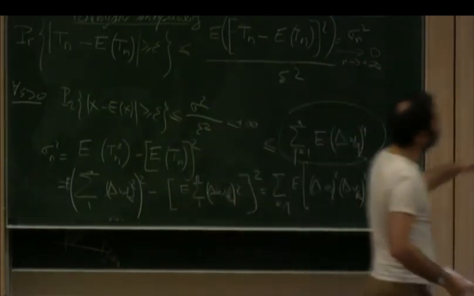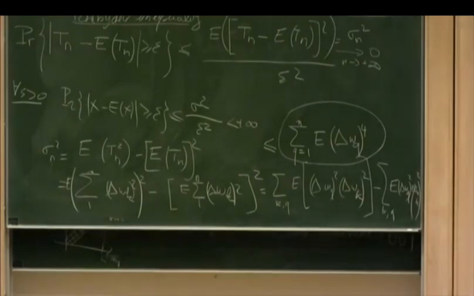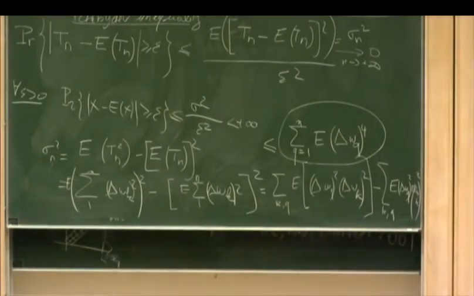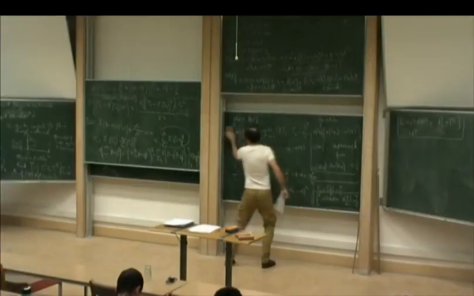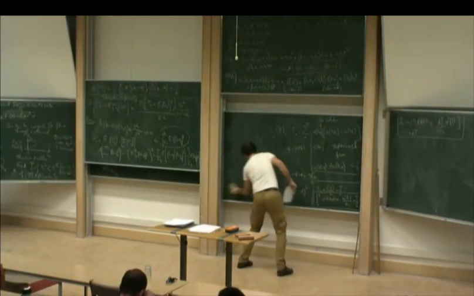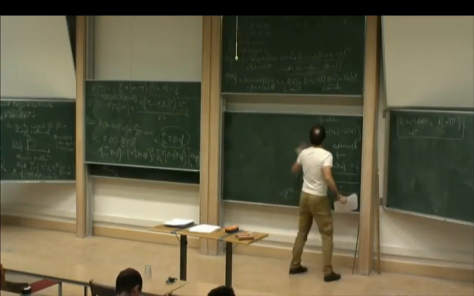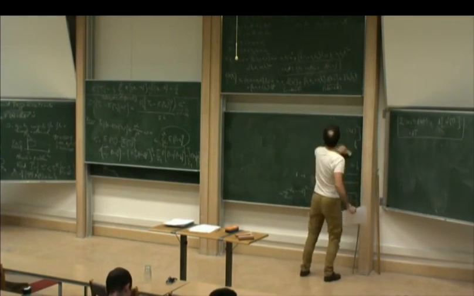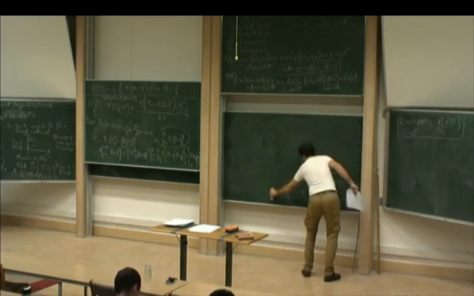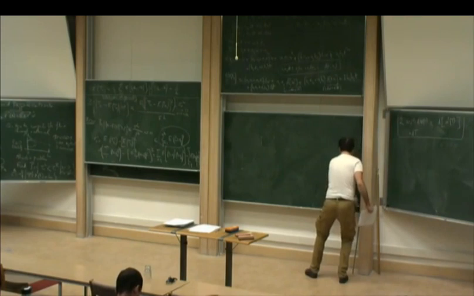And now for this we are going to use the expression of the Brownian motion, and that will be the end of this calculation. So now what is this sum? First of all, this sum is the same because we have n independent Brownian variables.